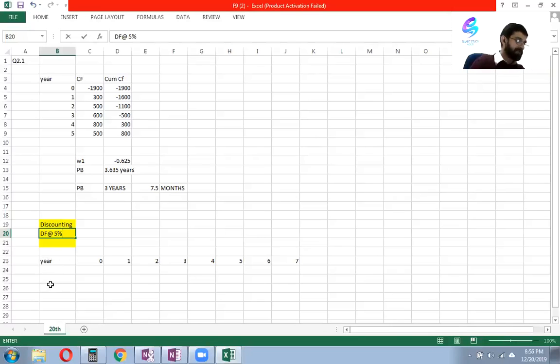So maybe I can write 5% here, and then I can write it in the spreadsheet like this.